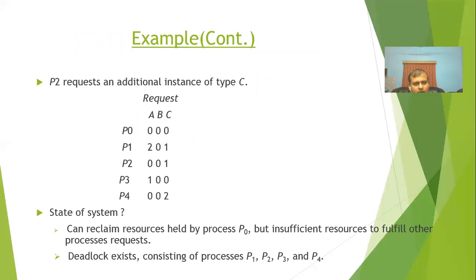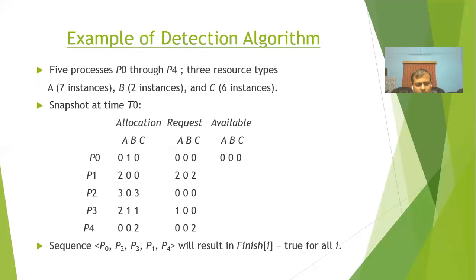Now consider a second situation here. Process P2 is requesting an additional instance of type C. Just see here, earlier process P2's request was 0, which means it hadn't requested anything at all.